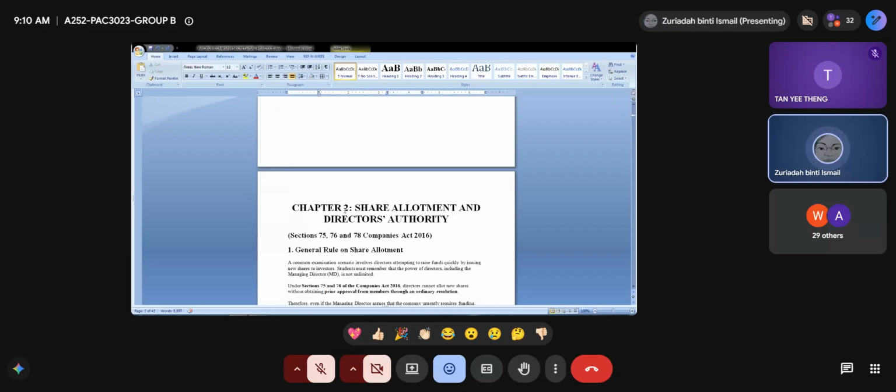Number 2 is on shares allotment and the directors' power or role. In this topic, the important sections you have to remember are section 75, 76, and 78. All these sections we have discussed in our class as well.